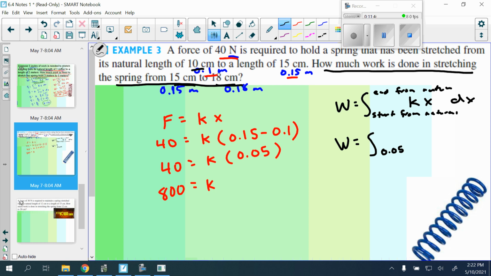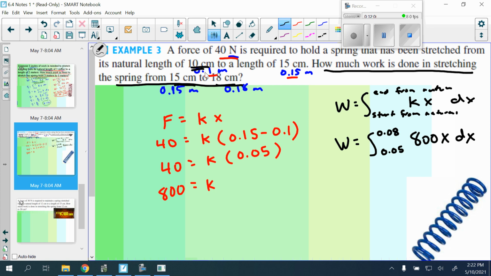Our ending amount's 18 from the start. That's 10, so there's a difference there of 8 centimeters. So change this from 8 centimeters to meters. That'd be 0.08. We know our K value is 800 x dx. So if we integrate that, that should give us the amount of work being done on this one.